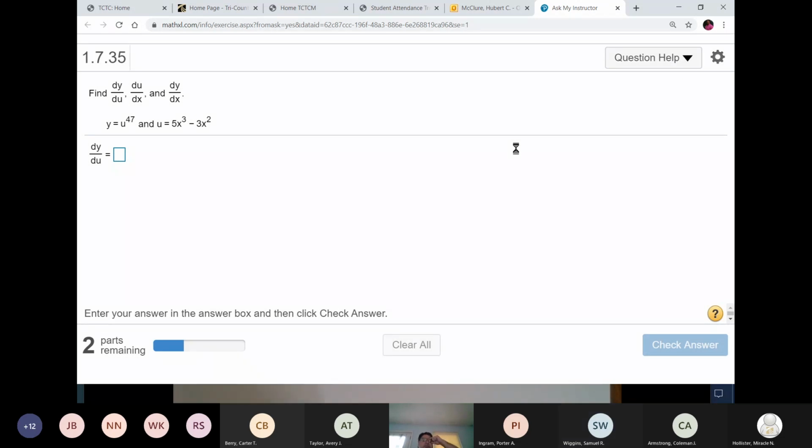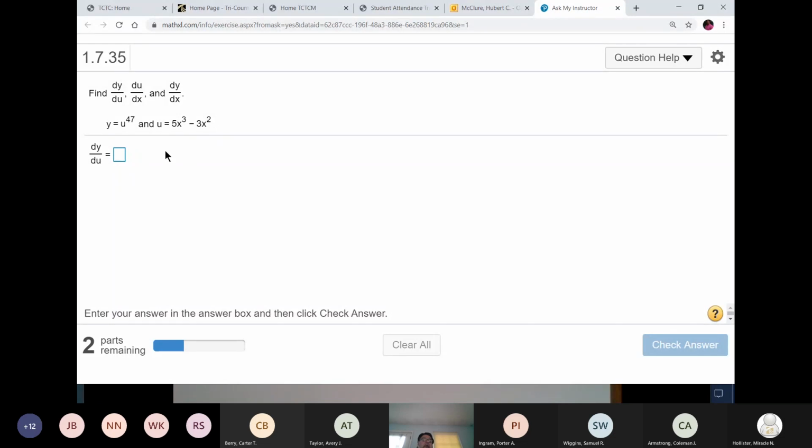All right, this one says y is equal to u to the 47th power, and u is equal to 5x to the 3rd minus 3x squared. Well, I don't know exactly what they want you to do, but I'm going to plug that in for u, and it'd be all that to the 47th power.